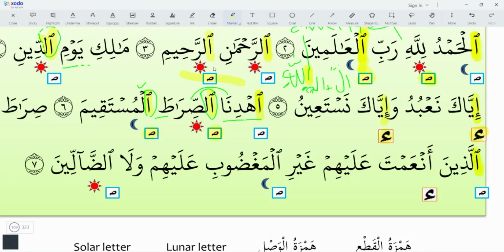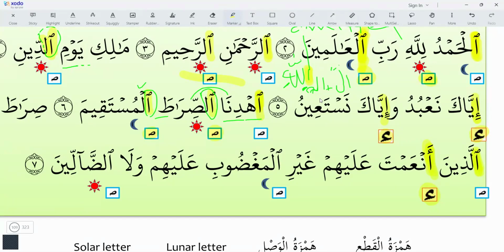An'amta: this Hamza is not Hamzatul Wasl, I forgot to say it is Hamzatul Qat'i. Okay, this is Hamzatul Qat'i. Okay, next.